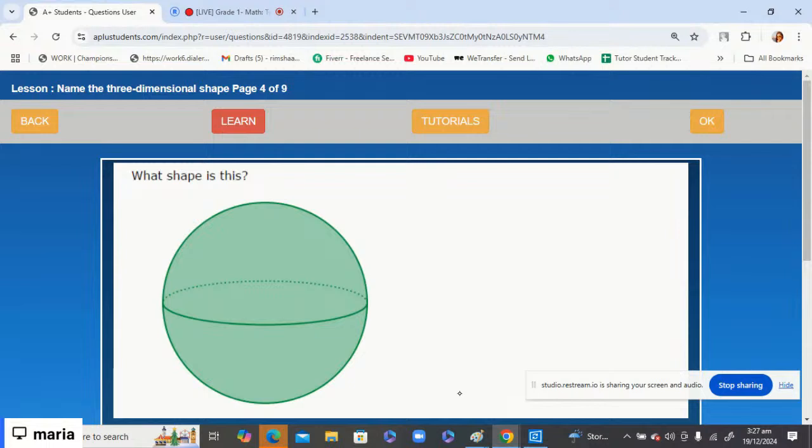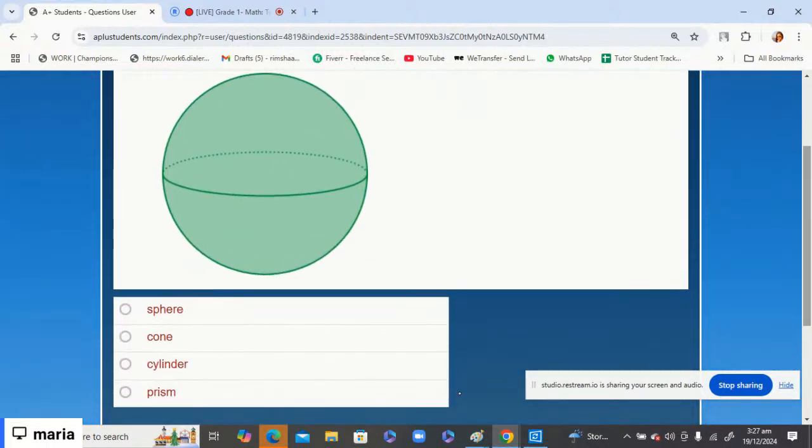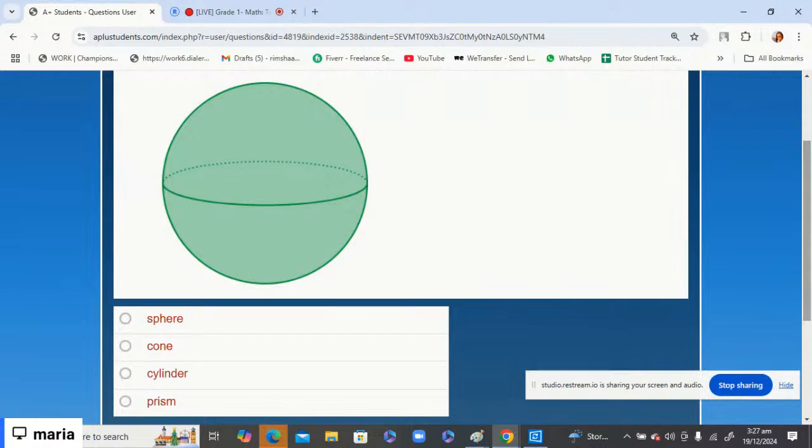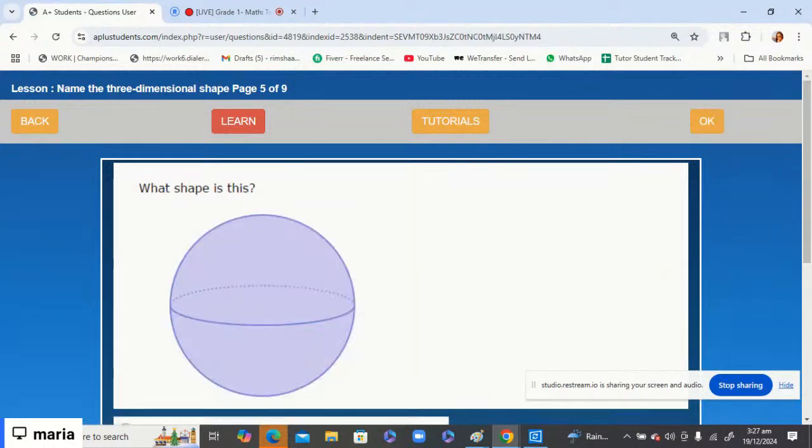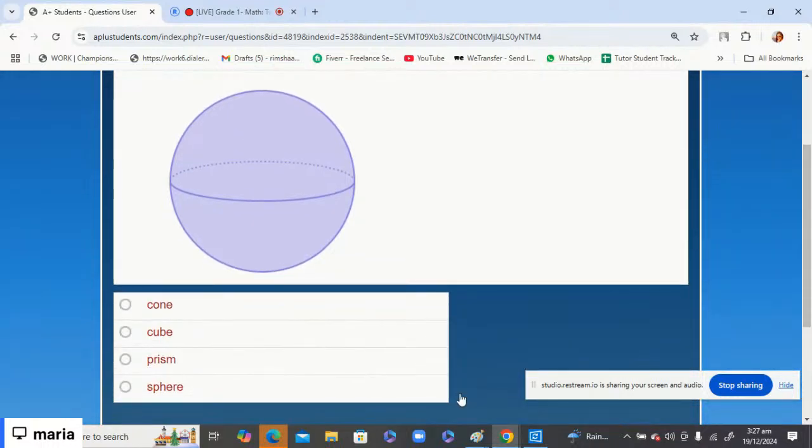Okay, now tell me the answer of this. What shape is this? Is it a cone, sphere, cylinder, or prism? It's a sphere, okay? Here it's again a sphere.